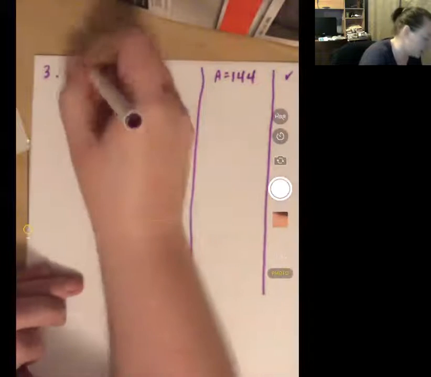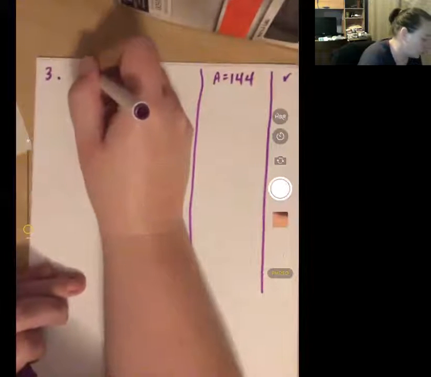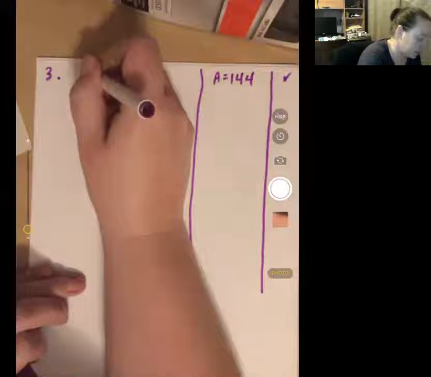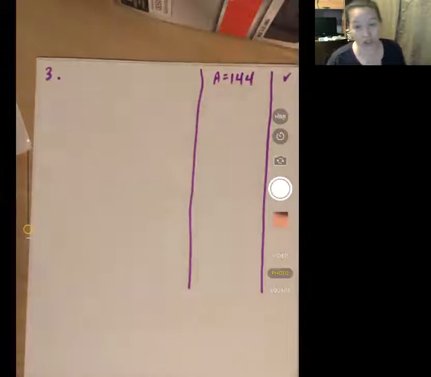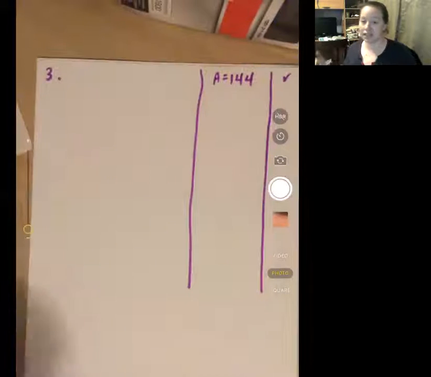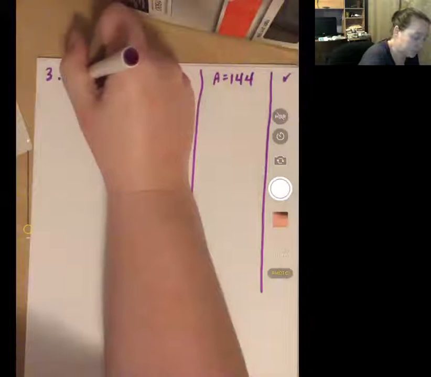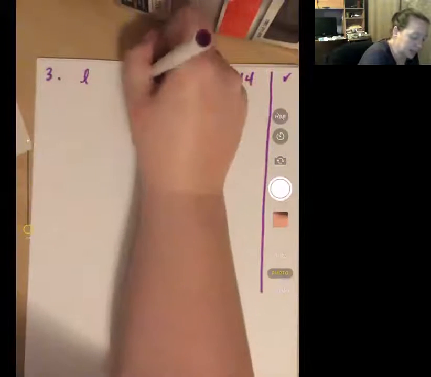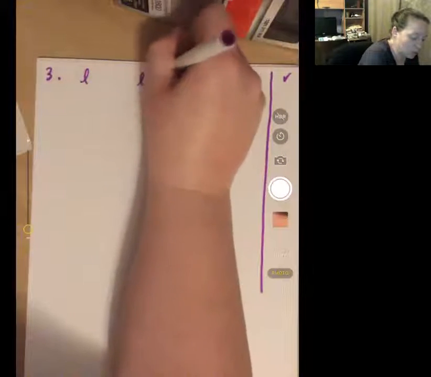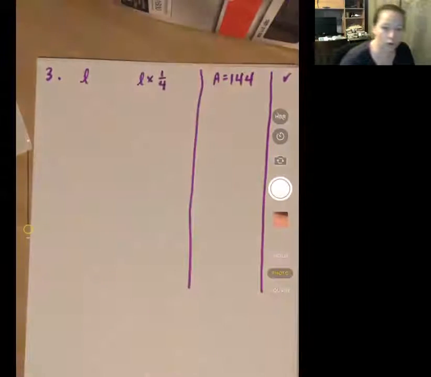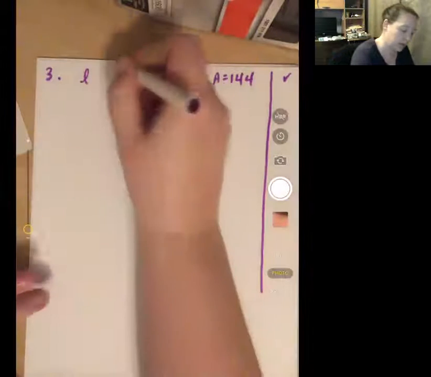And we're going to have the width of the banner is 1/4 the length of the banner. Okay, so here it wants length, and then length times 1/4 for the width. Okay.